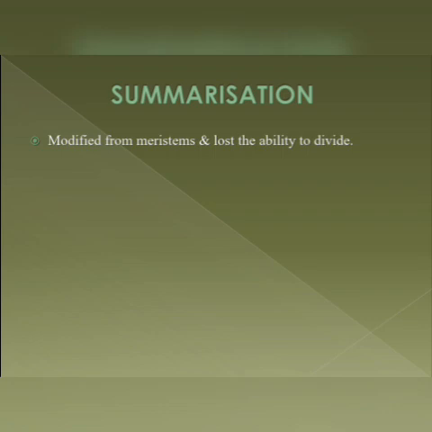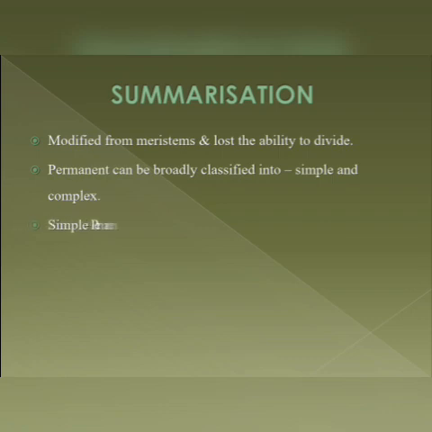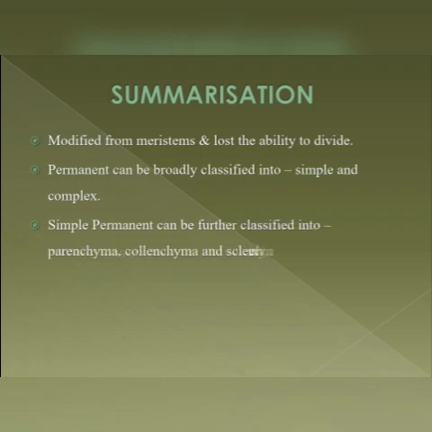The cells which have modified from meristems form permanent tissue, and they have lost their ability to divide. Permanent tissue can be broadly classified into simple and complex. Simple permanent can be further classified into parenchyma, collenchyma, and sclerenchyma.